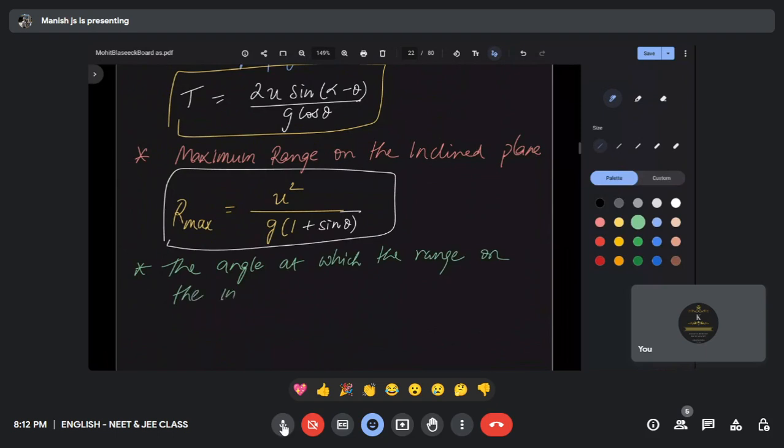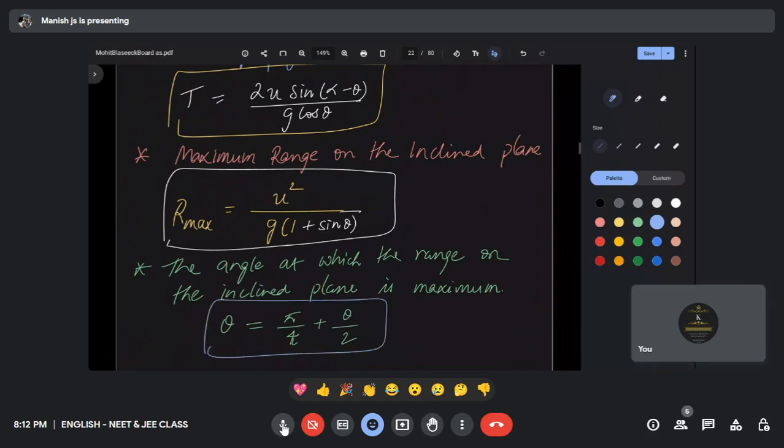When the range on the inclined plane is maximum, we can write alpha is equal to pi by 4 plus theta by 2. This is the condition that we will be using for problems.